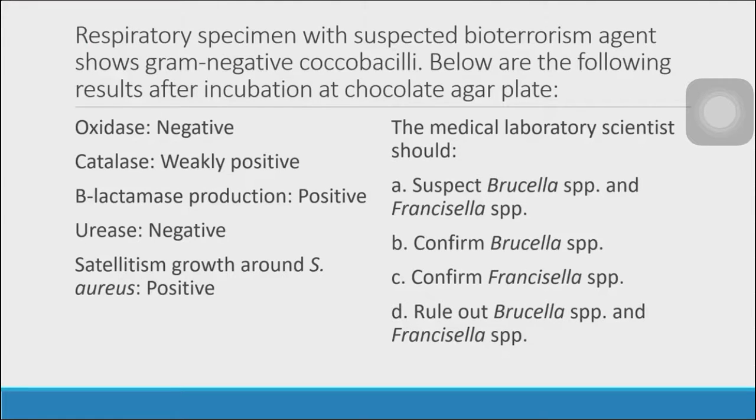Okay, so si Francisella, oxidase negative, catalase weakly positive, beta-lactamase positive, urease negative, but wag kakalimutan, satellitism dapat negative. Okay? So the answer here for this question is letter D. Rule out both Brucella and Francisella.